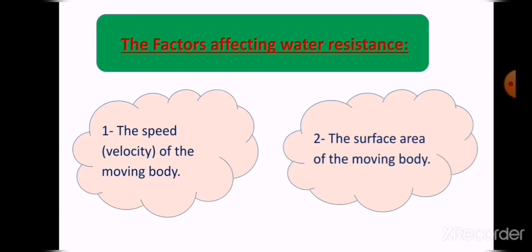Also, the factors that affect the water resistance are the same factors that affect the air resistance. Number 1, the speed of the moving body, and number 2, the surface area of the moving body. There is a direct relation between these two factors and the water resistance.